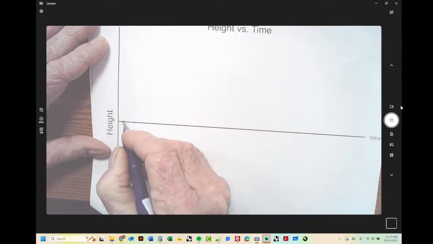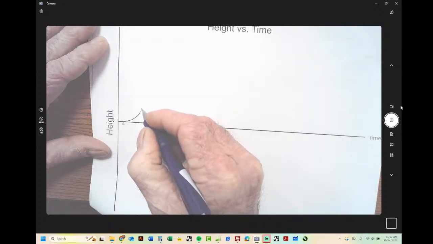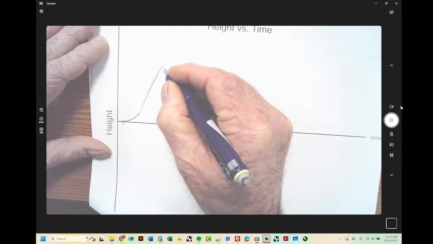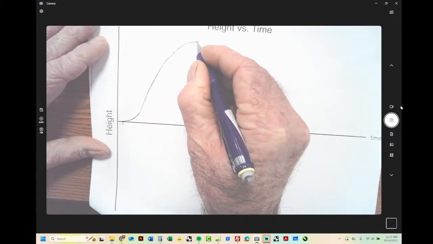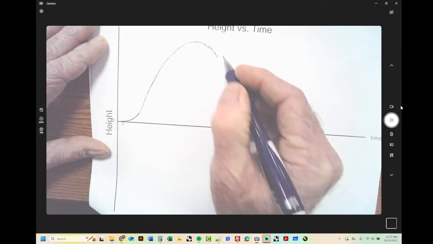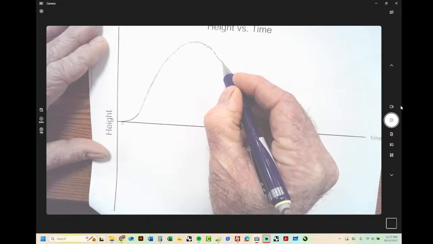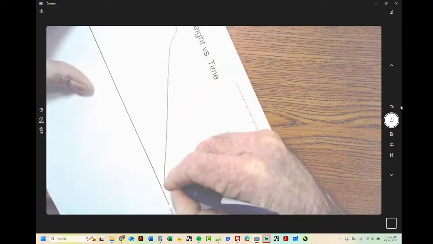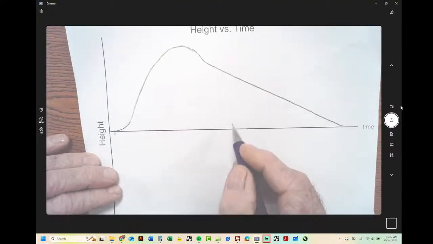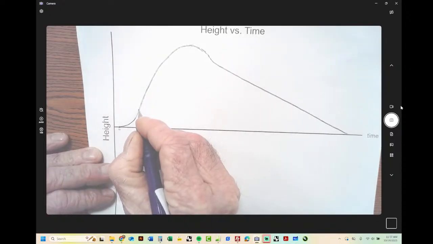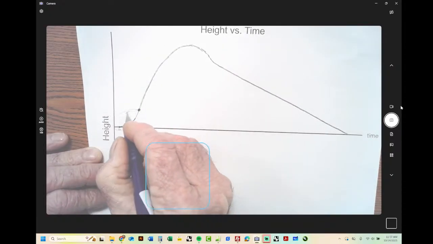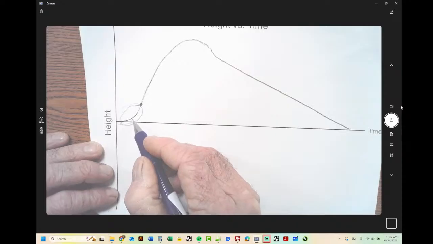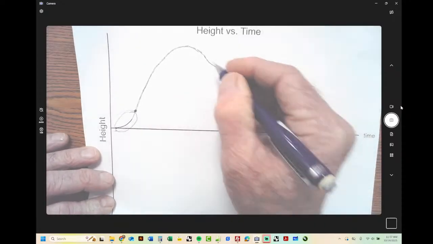So 0 height, and then you should have an upward curve, and then the rocket's height should go up, and there should be what I call a downward curve, and then it should keep going like this, and then at some point your parachute's going to deploy, so you have another little curvy moment, and then a straight line. The reason I'm showing you this right now is everything until right here, all this, this is thrust. And this is not modeled by that trajectory spreadsheet.